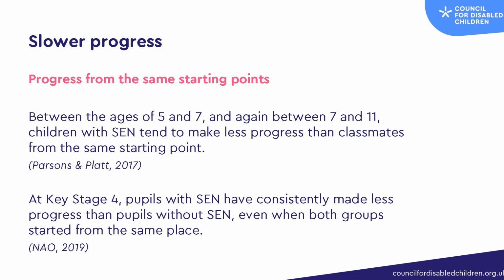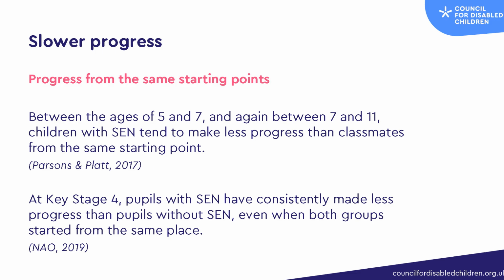Research by Parsons and Platt, 2017, showed that by age 7, children identified with SEN had already fallen behind peers who began at the same starting point, and that slower progress continued right through primary school. The National Audit Office, in its 2019 report, Support for Pupils with Special Educational Needs and Disabilities in England, found the same pattern at secondary level.